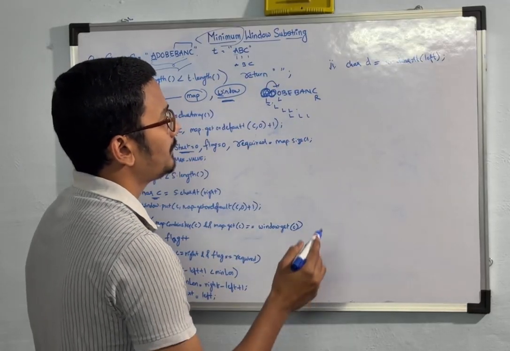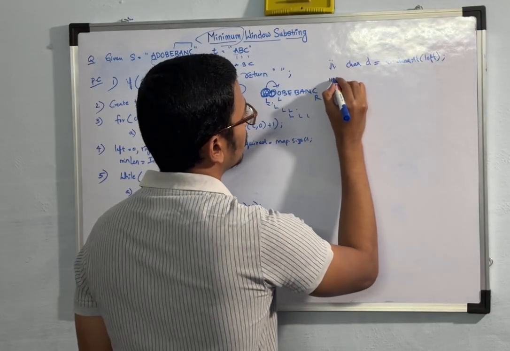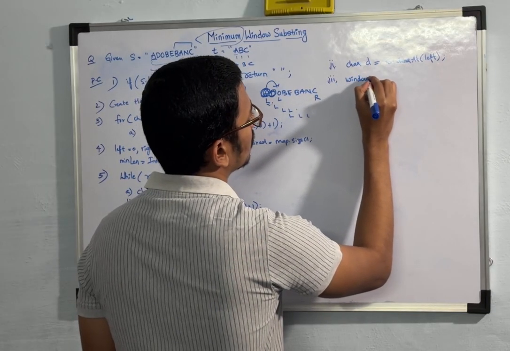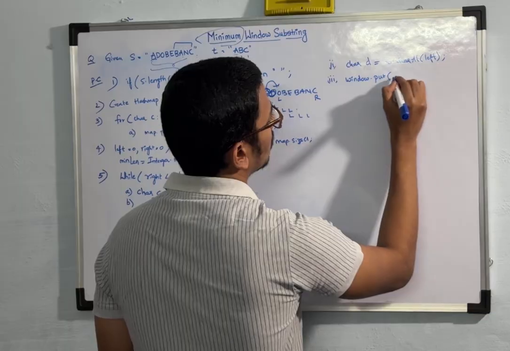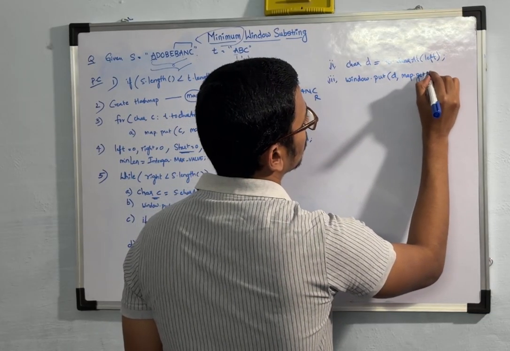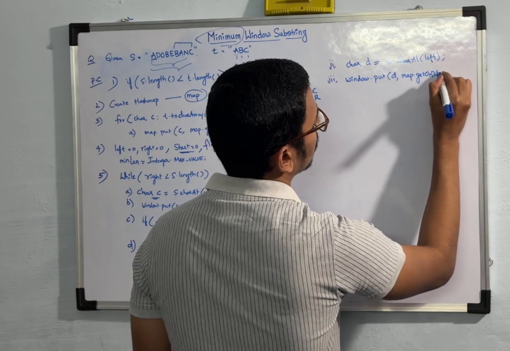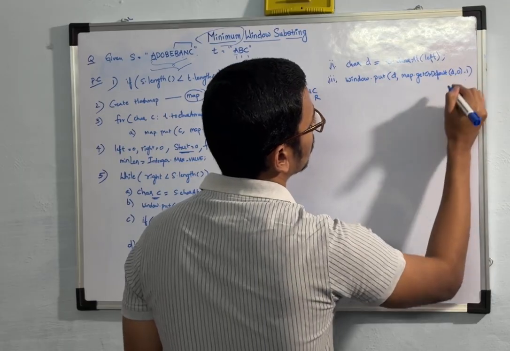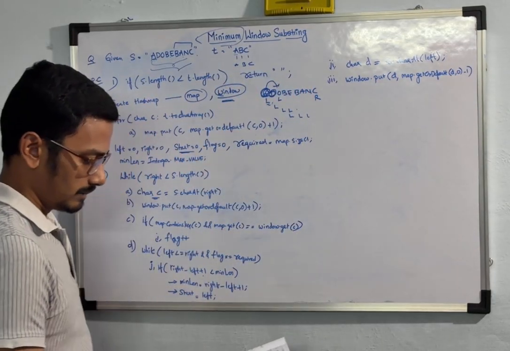So what I will do, third point will be that only. Window dot put d comma map dot get d minus 1.